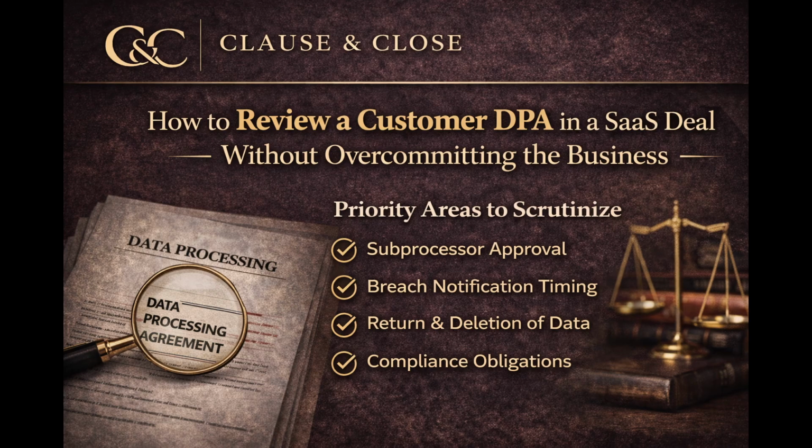But that is a mistake, because a customer DPA can create very real legal, operational, security, and delivery exposure if it is reviewed lazily. In practice, some of the most unrealistic commitments in a SaaS deal are not always in the main agreement. They are in the privacy paper.